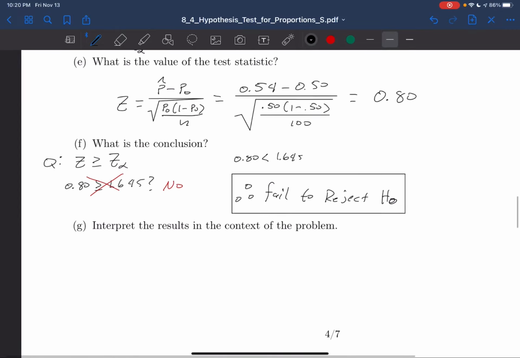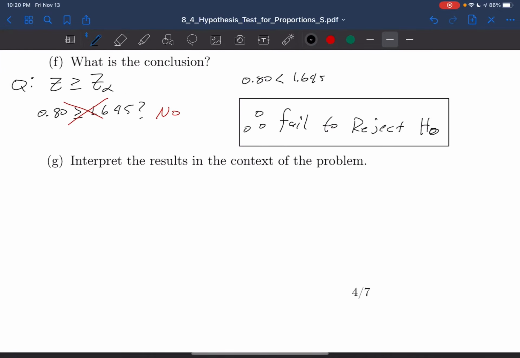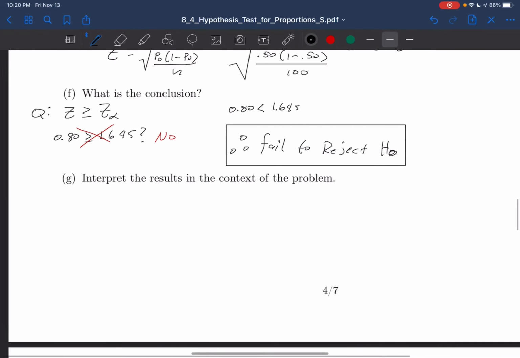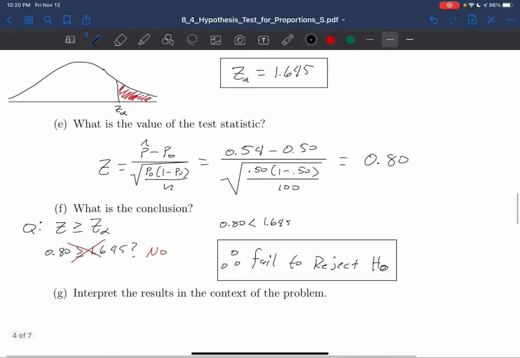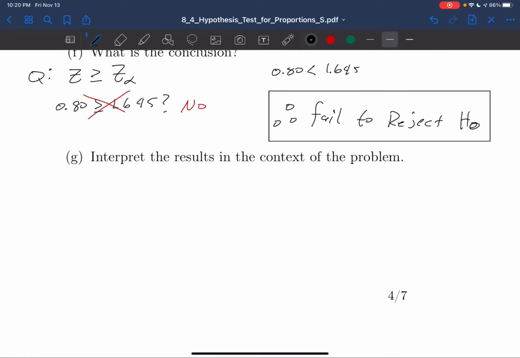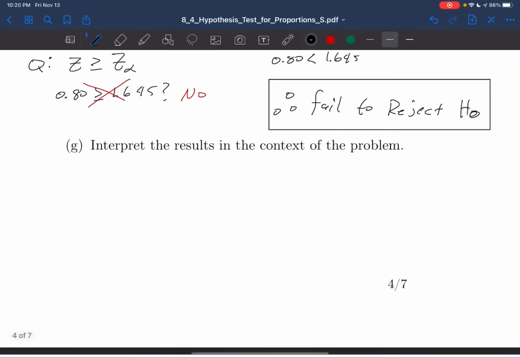Great. So now we want to interpret our result, because again, this is probably the most important part. If we've done all this work but we're not able to explain it in the context of the problem, then it's no use for us.